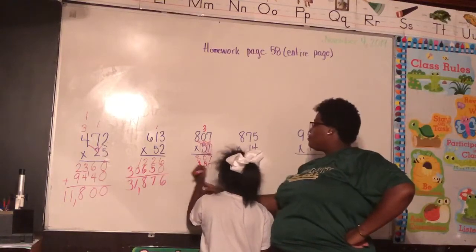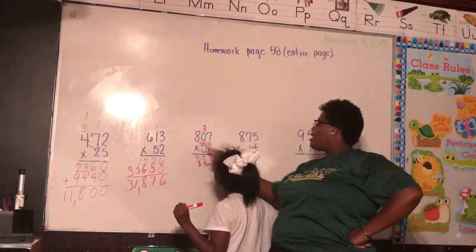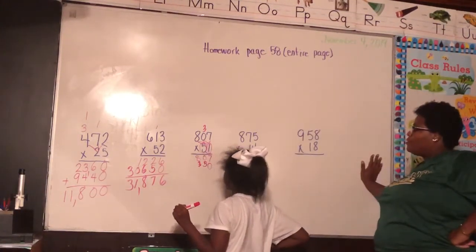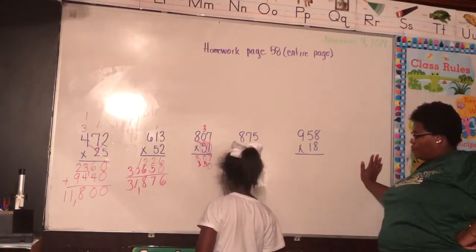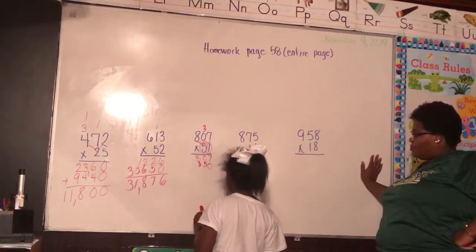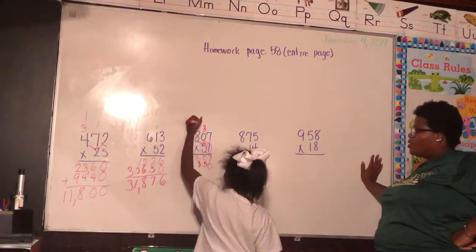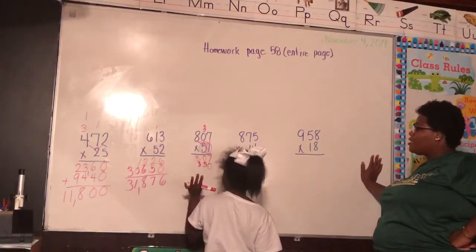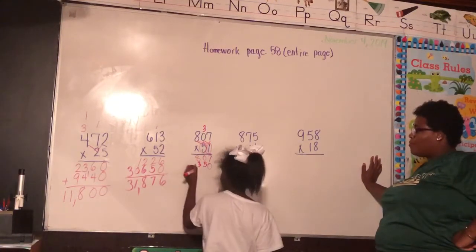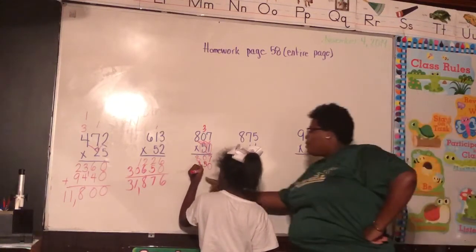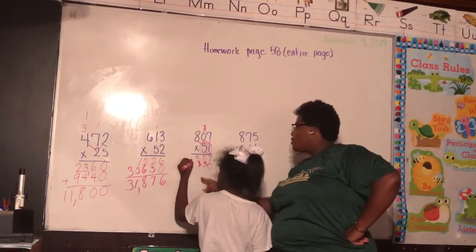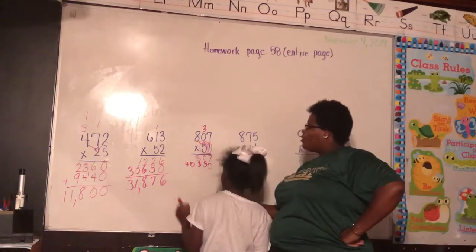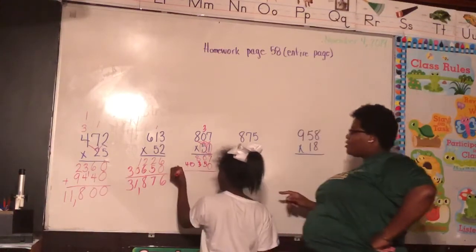Now, you're still on this line. 8 times 5. Nope, you don't have to carry because that's the last number. So just write 40 out. Up here, don't go down there, you stay there. 4, 0. Okay, what do you do next?